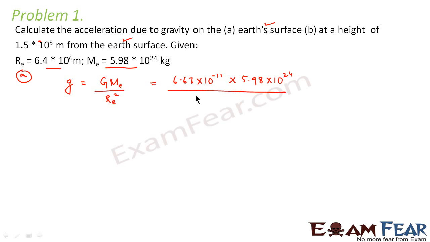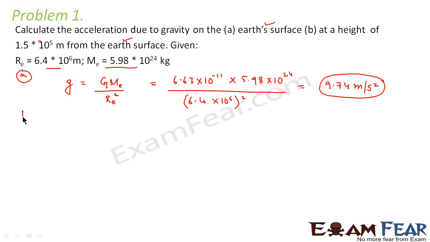And the value of R_e is also given as 6.4 × 10^6, whole squared. Now if we calculate this, it comes out to be 9.74 meters per second squared. So this is the value of acceleration due to gravity on the surface of the Earth.